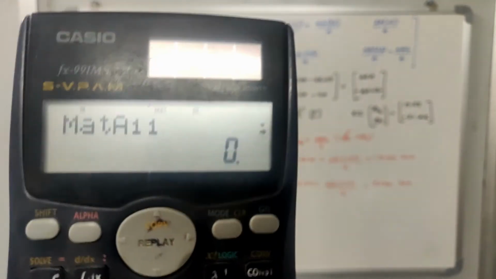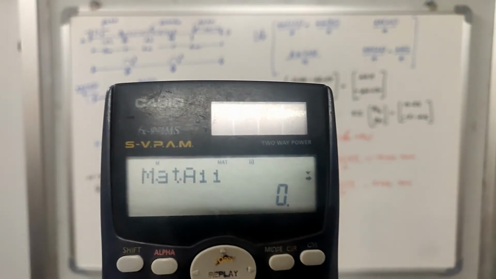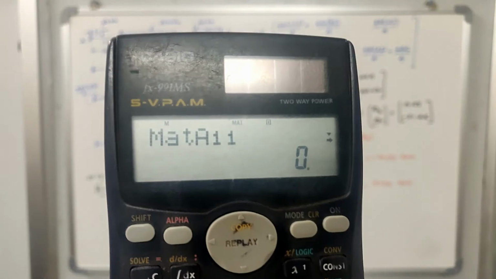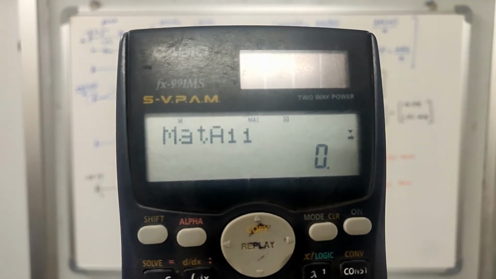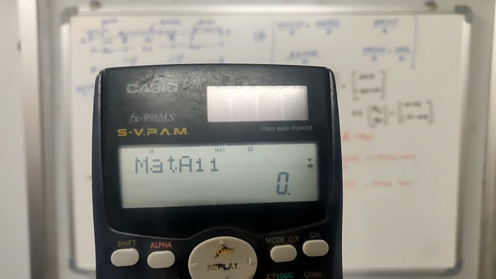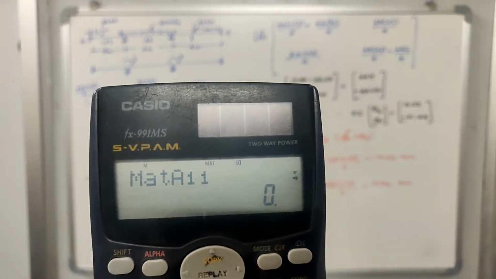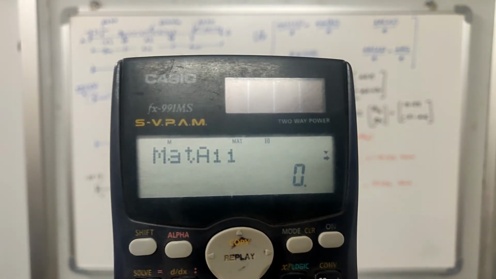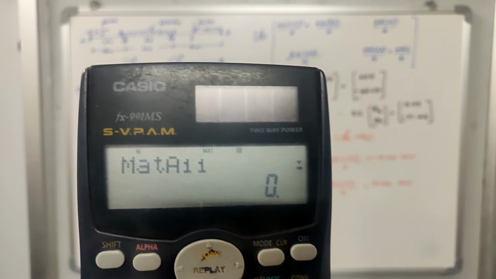Okay, so once you get the mat 11 value, what you do is that you substitute the values of mat A11, which is representing K11. So what is K11 you had? K11 is 8 by 4 plus 6 by 3, right? You can see in your notebook and find out what K11 is.